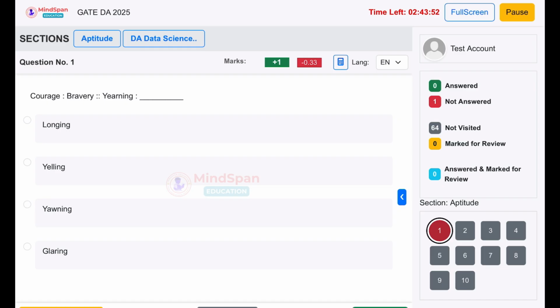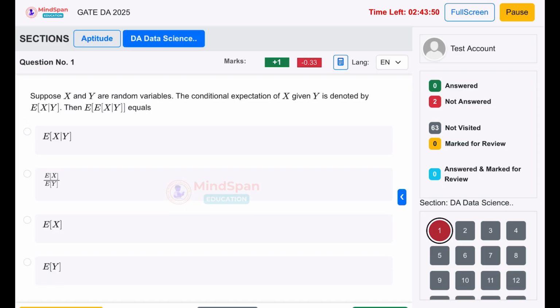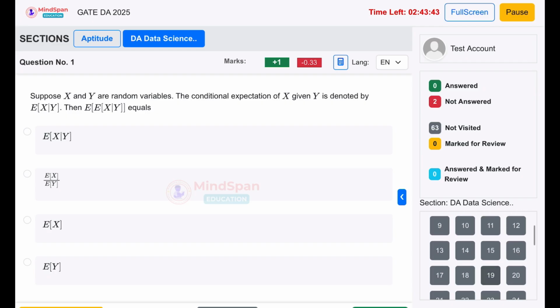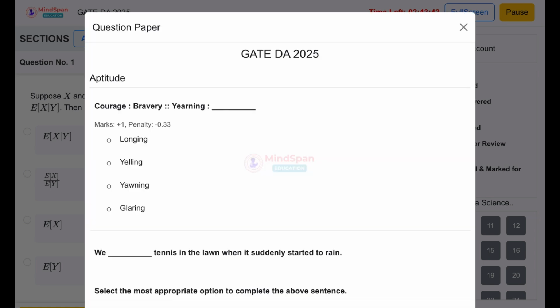So you can see, we are going to go through all the probability questions. Let me see first of all how many probability questions there are in this paper.